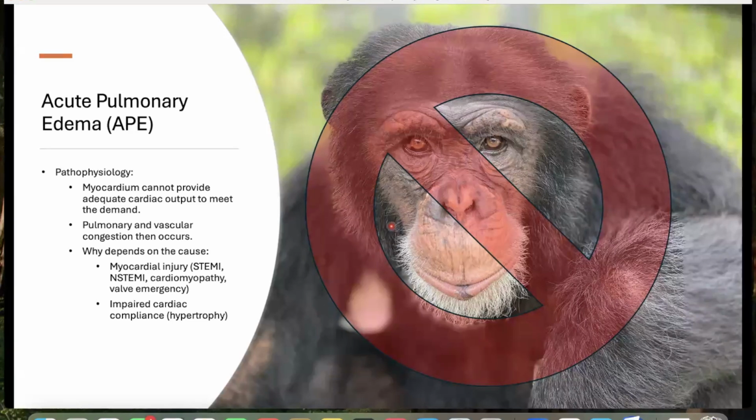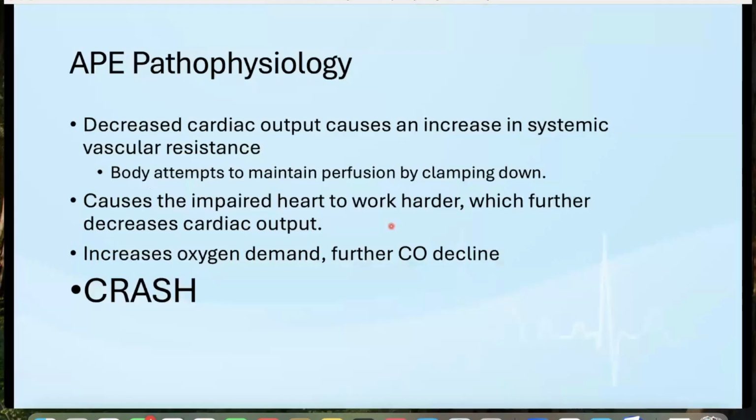This also, as we get older, can sometimes be because of increasing stiffness of the heart. Cardiac compliance becomes the issue, and so if the heart is stiff, it's not able to fill up as much. So this decreased cardiac output becomes problematic, and our body, again, is not having its needs met, and so it begins to dump all kinds of chemicals into your system, trying to hopefully improve this. So we have this decreased cardiac output that then causes us to dump epinephrine into the system to get the heart rate to speed up.